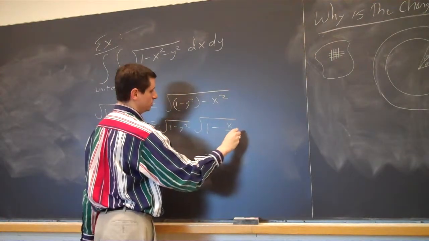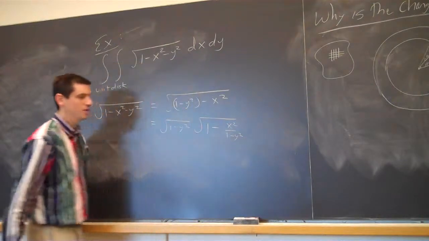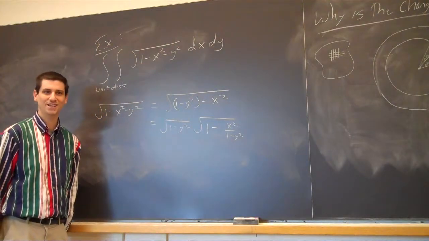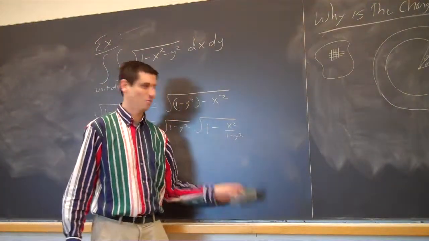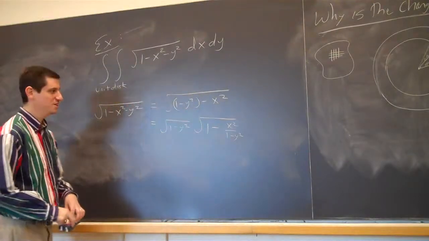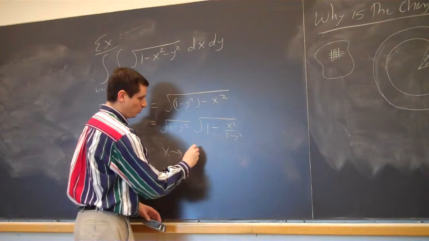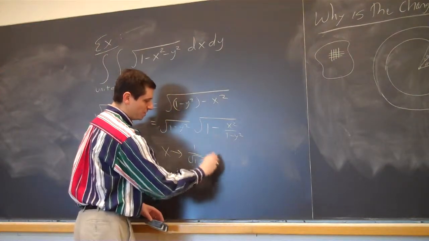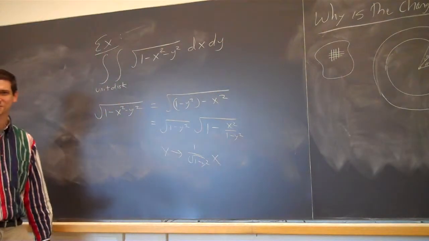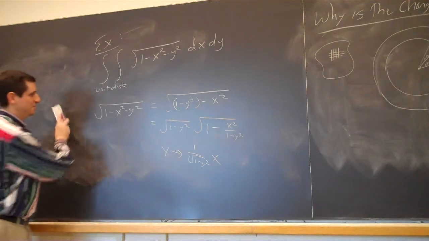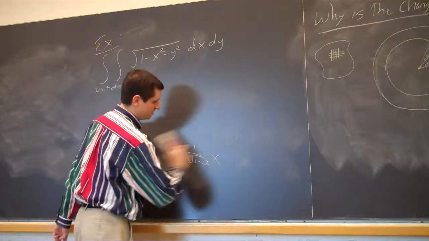You can start trying to play games like this and try to renormalize: now y is fixed, so 1 minus y squared is some kind of new constant, and you change variables by sending x to 1 over the square root of 1 minus y squared times x. Okay? Yes. To be erased.